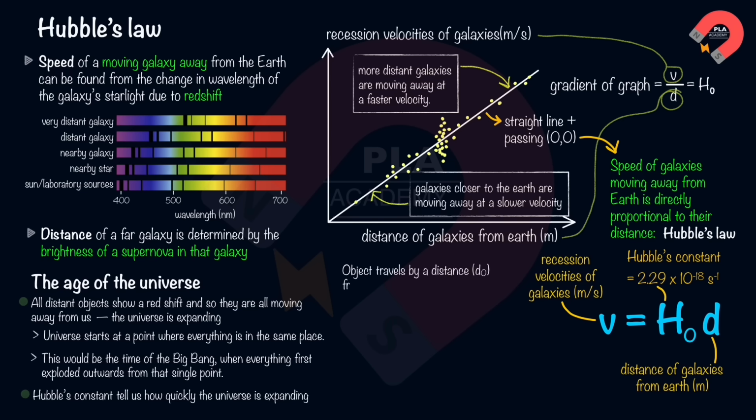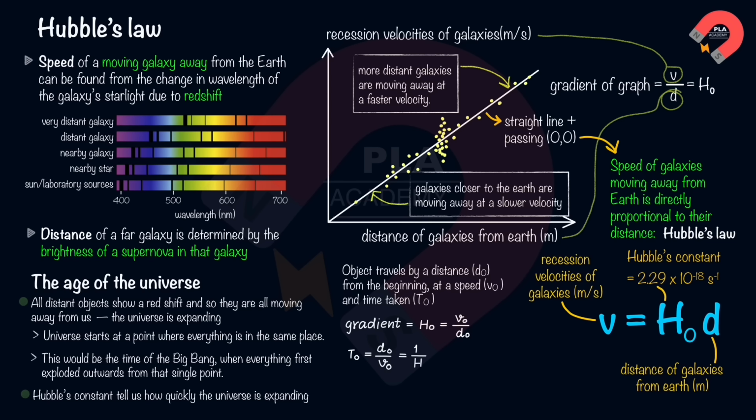For an object to travel a distance d0, from the beginning of time, at a speed of v0, the time taken t0 can be calculated from the basic equation for speed. If we consider the gradient of the Hubble graph, H0 equals v0 over d0.